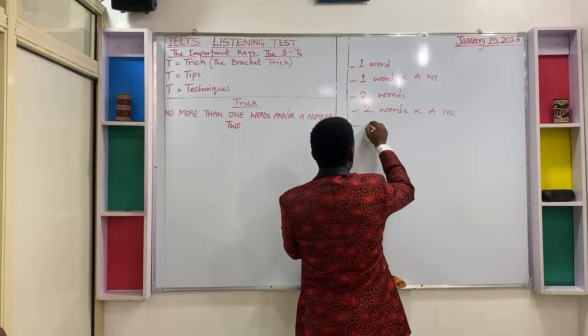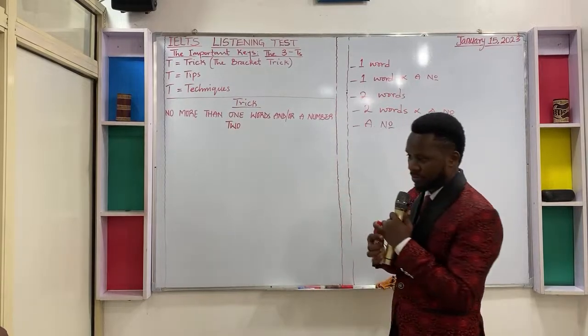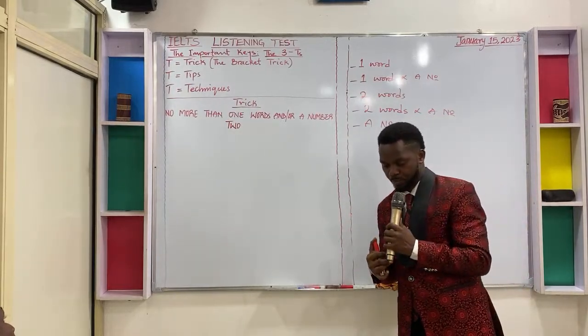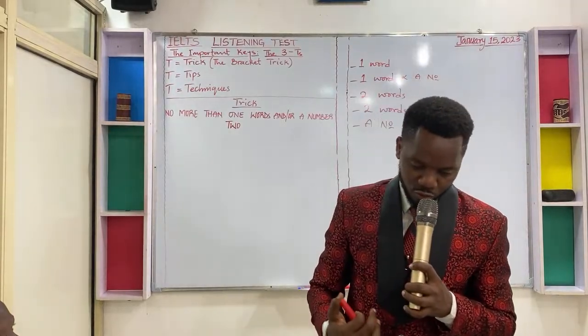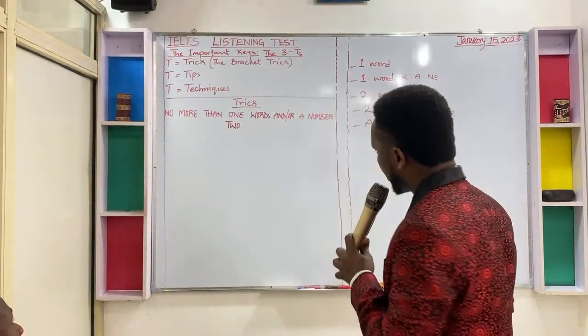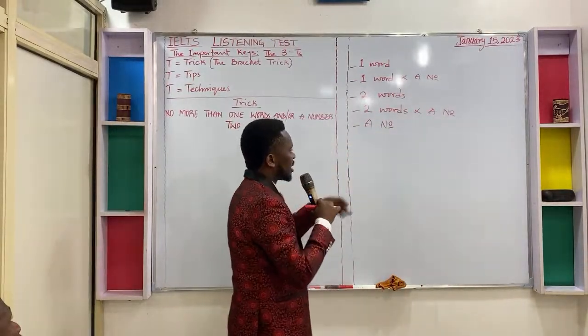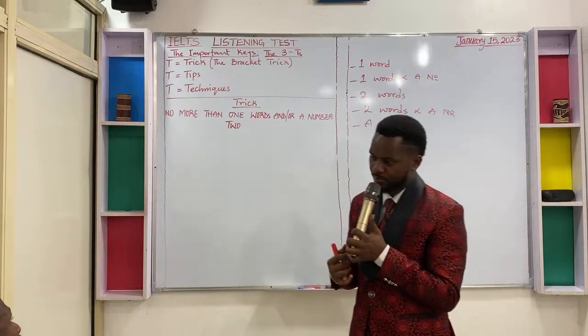Then it can also be just a number without a word. Please, do you understand this? So if you understand that "no more than 2 words and or a number" accommodates 1 word answers, 2 word answers, as well as a number, then you are on the right track.